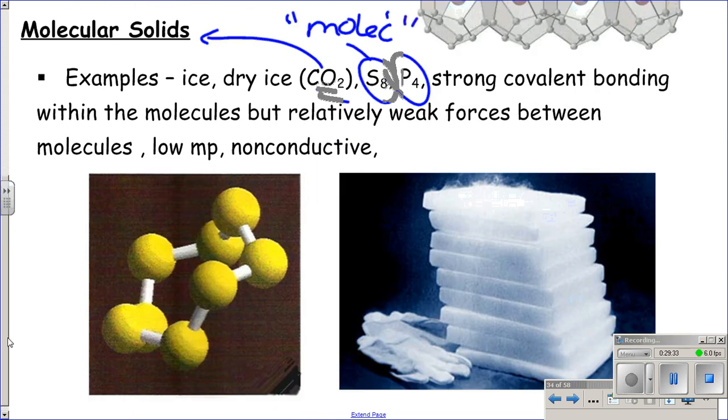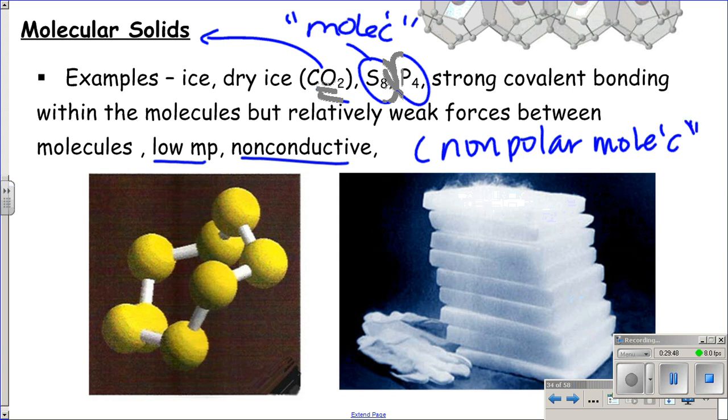Okay, so their forces of attraction are also usually very low. Usually they're going to be nonpolar, so they're going to have low melting points, non-conductive, because most of the time they're nonpolar molecules embedded in that solid form.